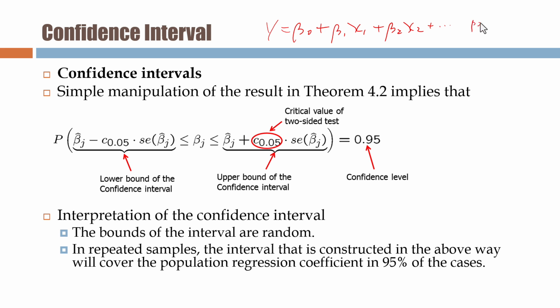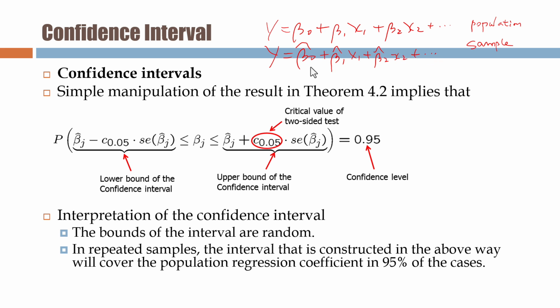But we don't use all the population data, we use sample data. So what we got is actually the estimate of beta 0, the estimate of beta 1, the estimate of beta 2, and so on.